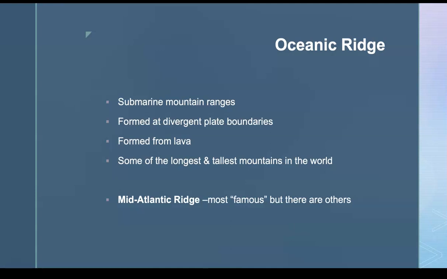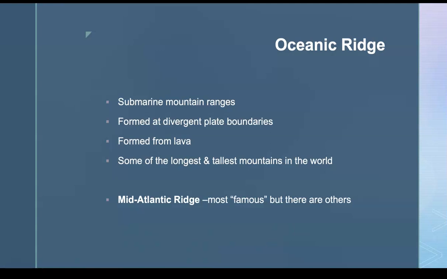Ridges are mountains. The Mid-Atlantic Ridge is a really popular one. It's a giant mountain chain. Essentially runs down the middle of the mid-Atlantic. But it's the longest and tallest mountain chain in the world. I almost said it runs from the North Pole to the South Pole. Not quite, but it's big.